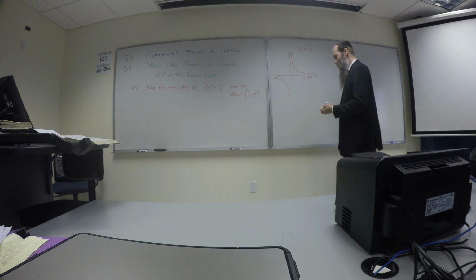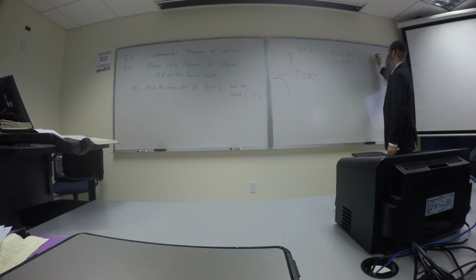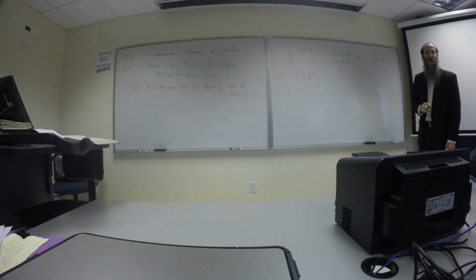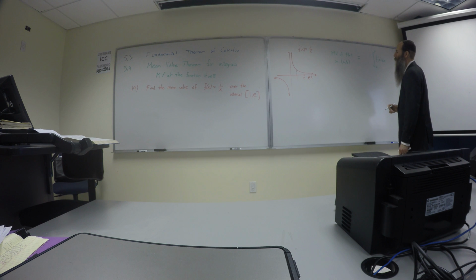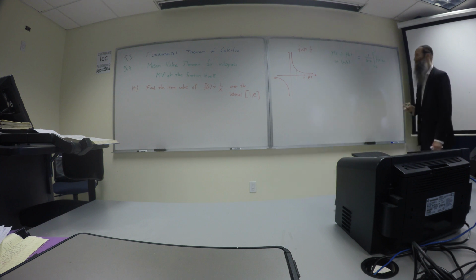Okay, so the formula is: mean value of f of x on [a, b] is the integral from a to b of that function. So we're going to find the area between the curve and the x-axis. That is part of the formula, a standard integral. And then we're going to divide that result by the length of the interval, 1 over b minus a. Right?